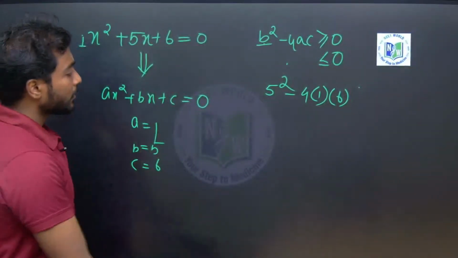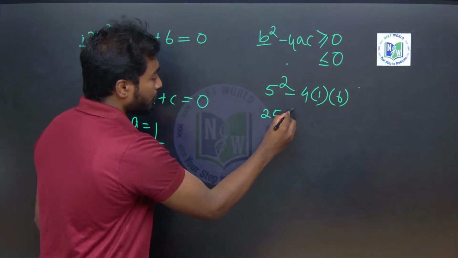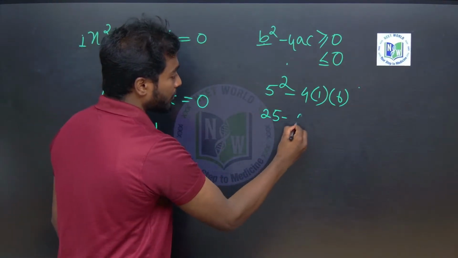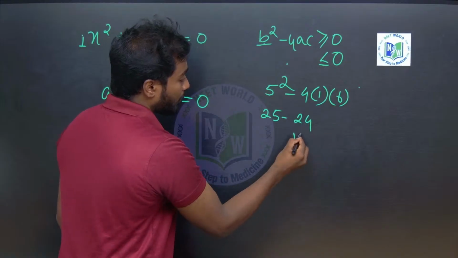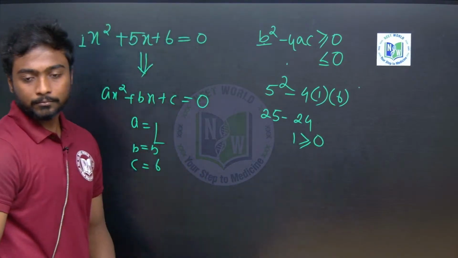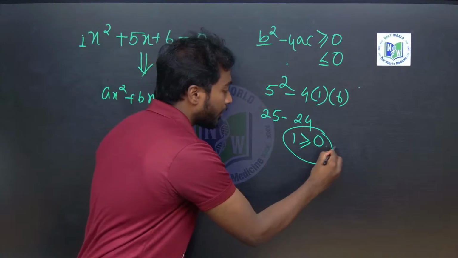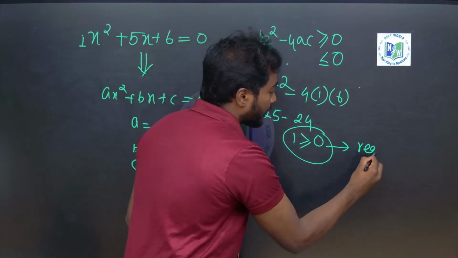Take b square minus 4ac, that is 5 square minus 4 times 1 into 6. I need to check whether it is greater than or less than. So 5 square is 25 minus 24, so 1, greater than or equal to 0, right? So I can say it has real roots.